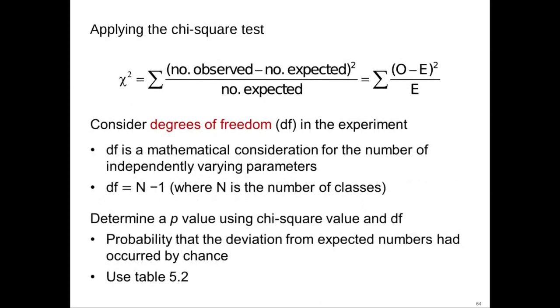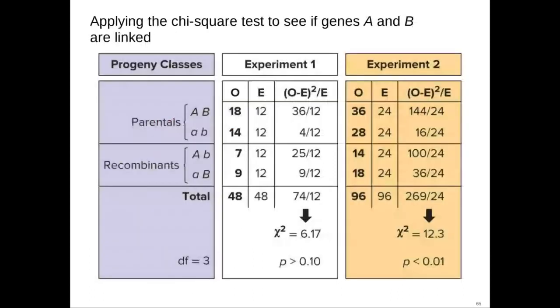From this, we pair the chi-square value with the degrees of freedom to determine a p-value, or probability value. What it's really telling us is the probability that the deviation from expected results occurred by chance. So what we get out the back end is a probability that lets us accept or reject our null hypothesis.